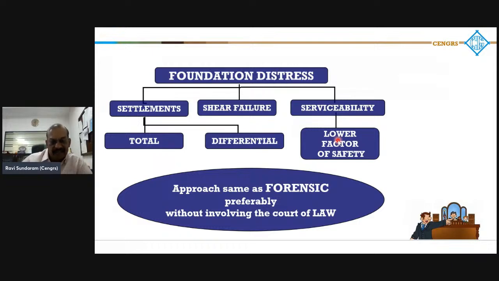If the matter has gone to the court, then it has to be resolved at the court level. But before you go to the court, if you can resolve it mutually, identify the problem, why the distress occurred, and come up with solutions which can be easily implemented, that would be the best.